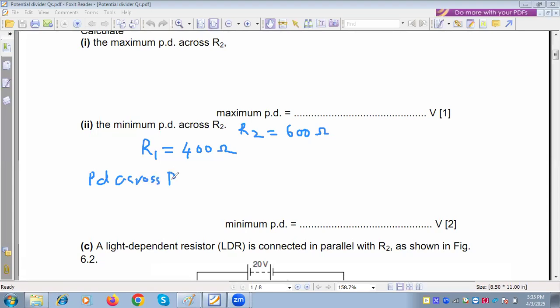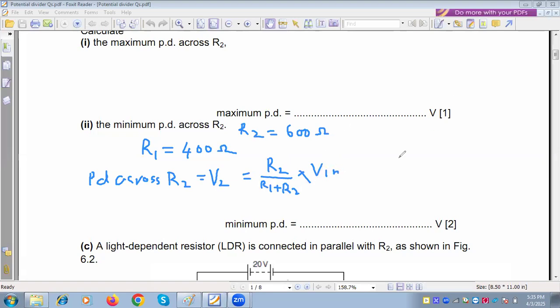Current is the same, so the greater the resistance, the greater will be the potential difference across the resistance. V2 will be equal to R2 over R1 plus R2, into V input. This is the formula of the potential divider. V input is 20.